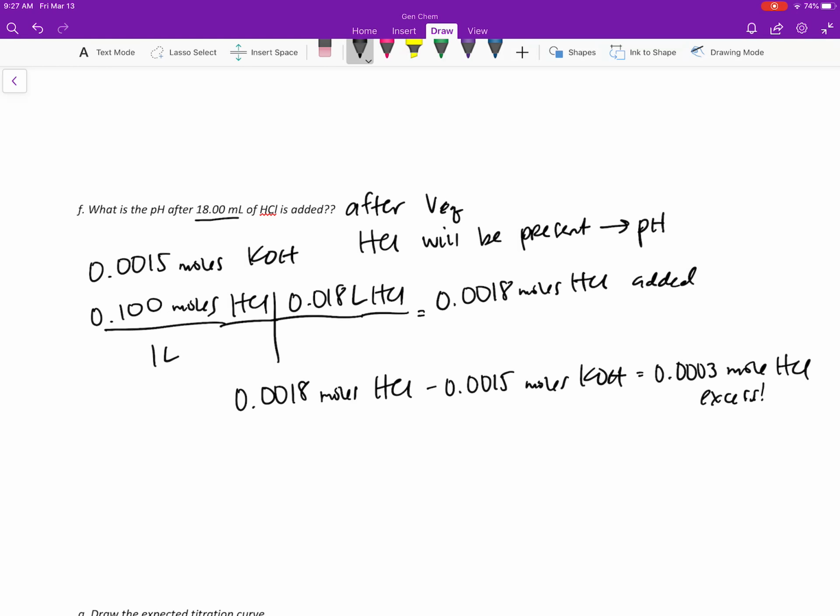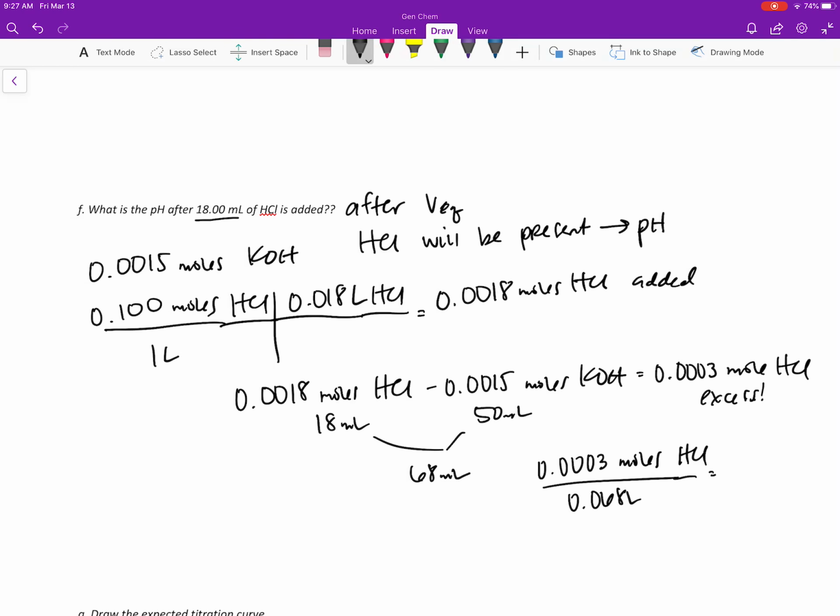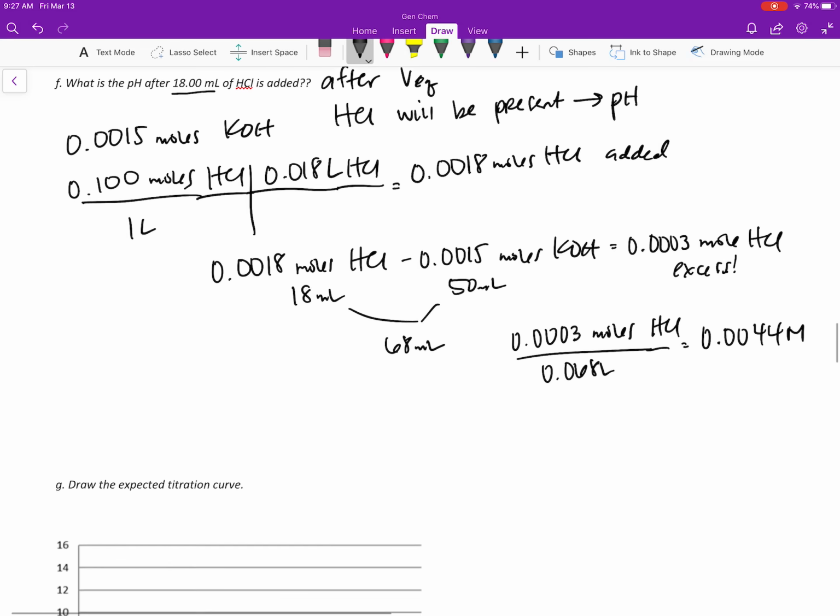My new volume is going to be the 18 that I added plus the 50 that I started with, giving me a volume of 68 milliliters. So I can divide the number of moles of HCl excess by the new volume of the solution, and that gives me a molarity of 0.0044 molar.